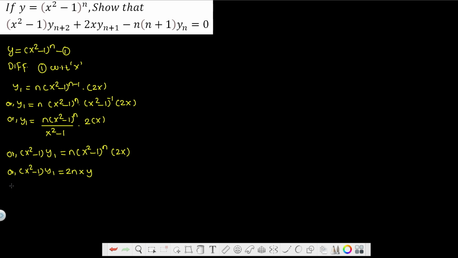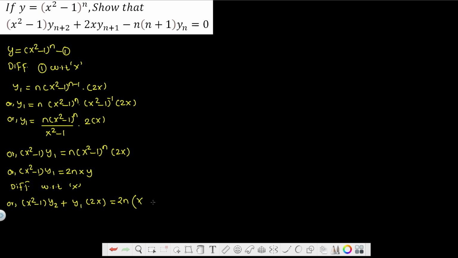Now again differentiate with respect to x to get y2. Here we have to use product rule. Now keep x square minus 1 as it is, then the derivative of y1 will be y2, plus keep y1 as it is, and the derivative of x square minus 1 will be 2x, equals 2n is constant. Now differentiate xy with respect to x.